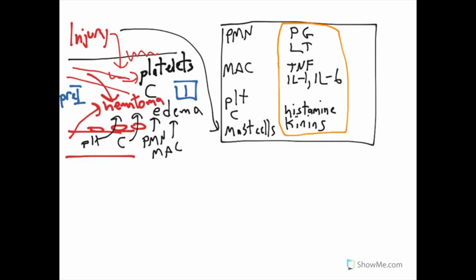So here we have proliferation, phase 2. All these molecules now tell the local fibroblasts that are in the region, hey, we need some more collagen and we need it now.